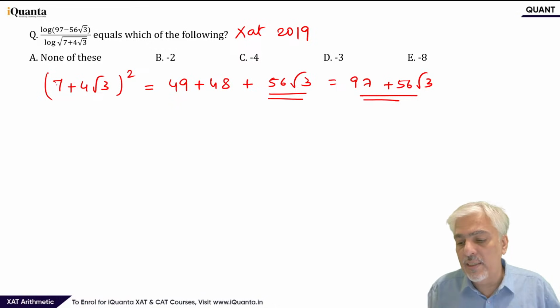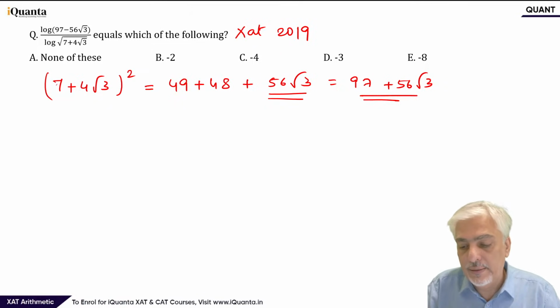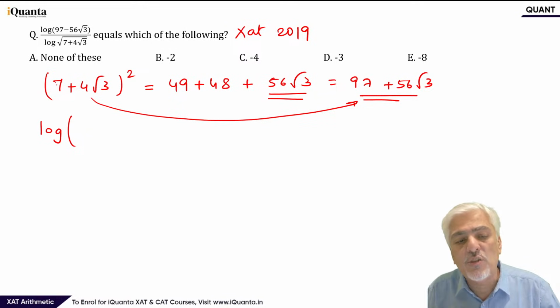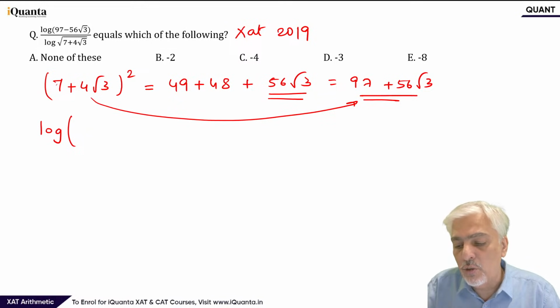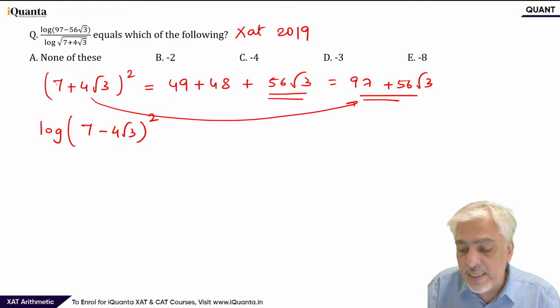Okay. Now, Ananya, thank you. Now, if I look at the numerator, what will I get? Think a little bit. I'll get log. I can write the numerator as, because its square is this, with a minus sign, the only change will be that there'll be a minus sign in between. So it will be log of 7 minus 4 root 3, the whole square. The numerator becomes log of 7 minus 4 root 3, the whole square.